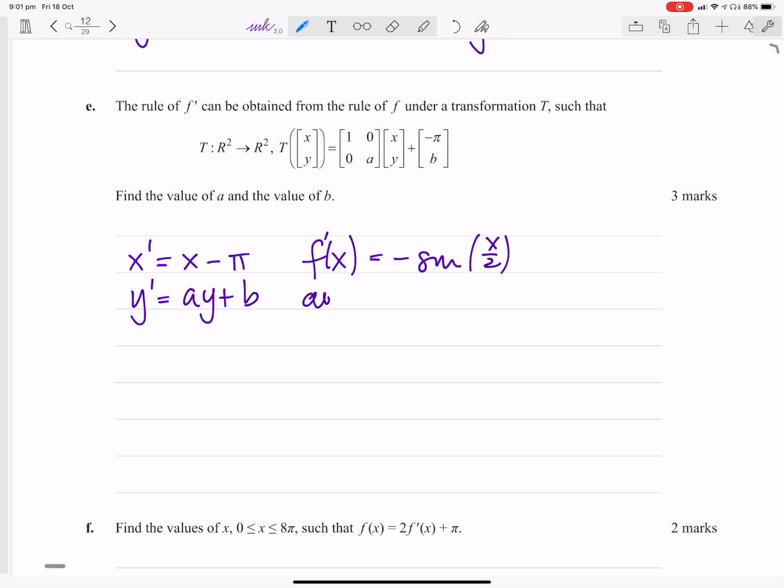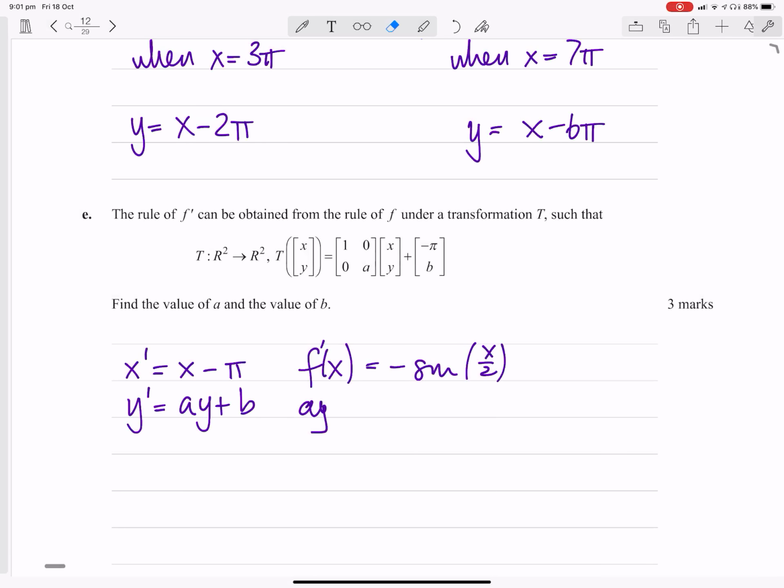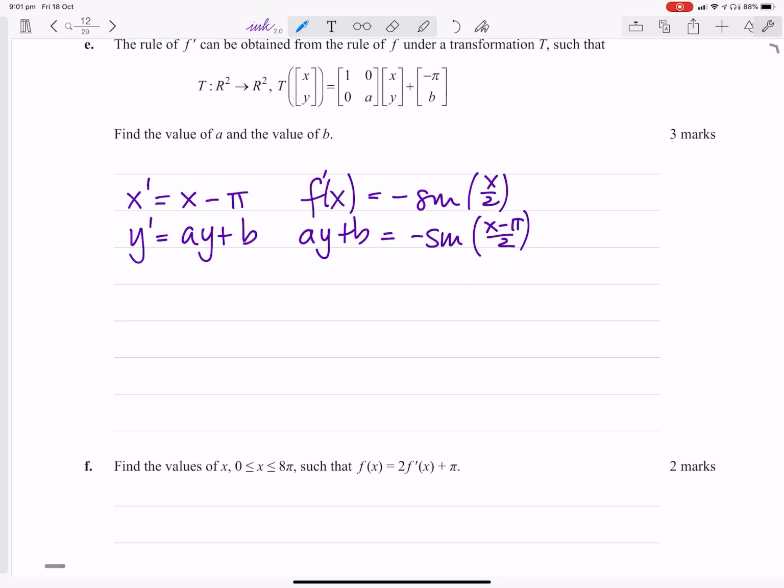So if we said ay plus b is equal to negative sine x minus pi on 2, and then negative b, and then we get y is equal to negative 1 on a sine x minus pi on 2 minus b on a.